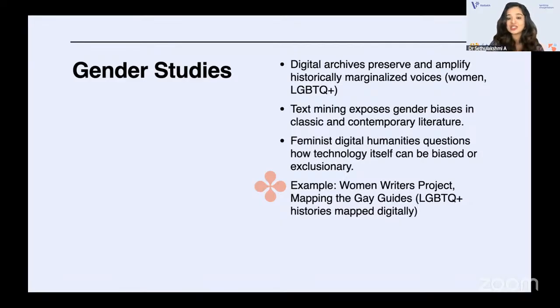That is again an interesting area to explore, because these are largely excluded from the literary canon. So again, as ma'am discussed about computational analysis, through computational analysis we can detect gender biases in both classic and contemporary literature. That is one way of looking into these texts.